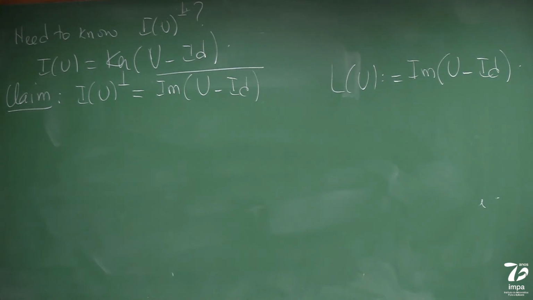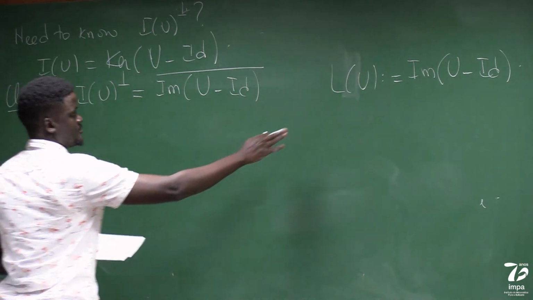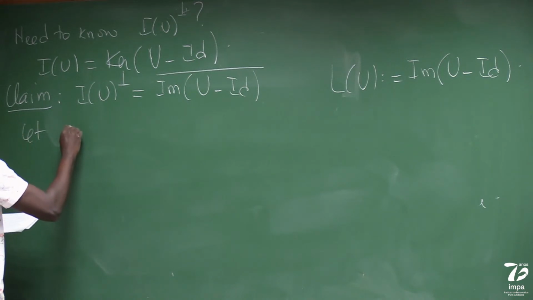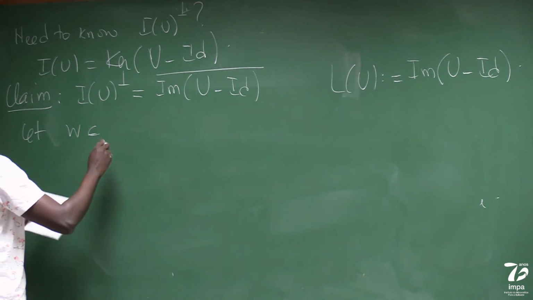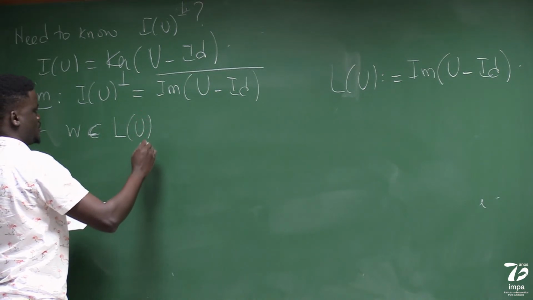So if you pick a vector here, let w be in the closure of L_U.